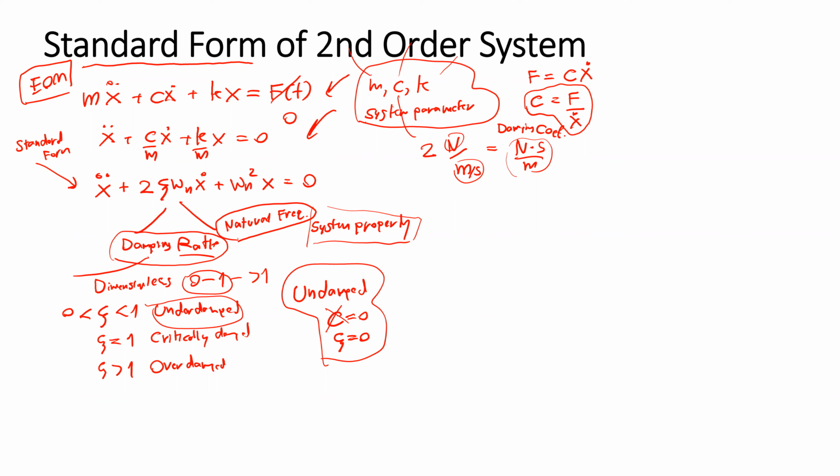I already introduced the damping ratio, but you may still not get the idea. If we know m, c, k, how can we relate them to the natural frequency and the damping ratio? Do you have any idea?